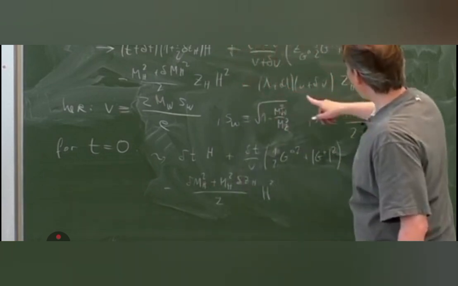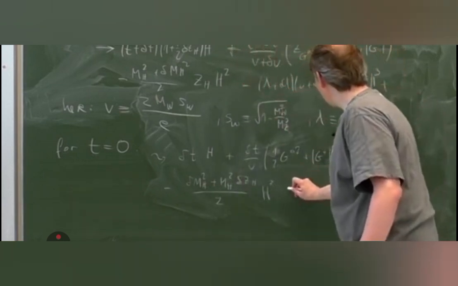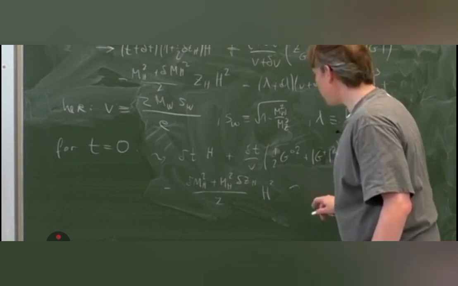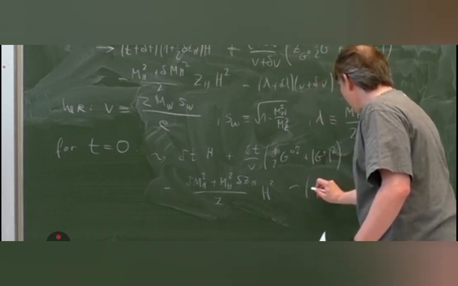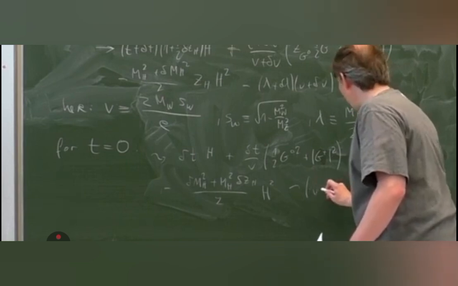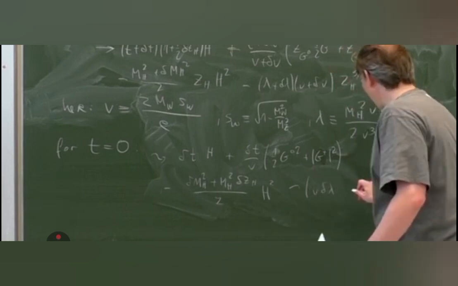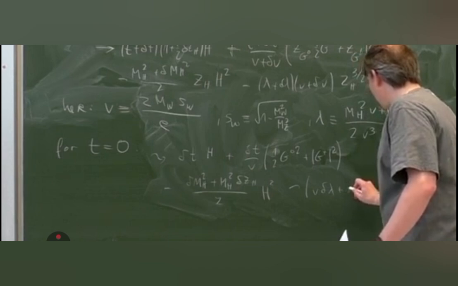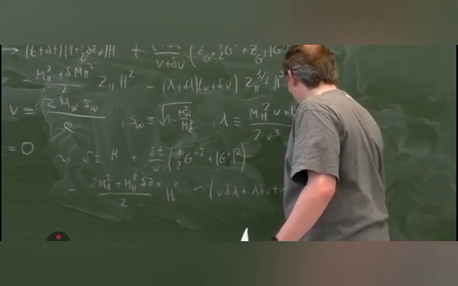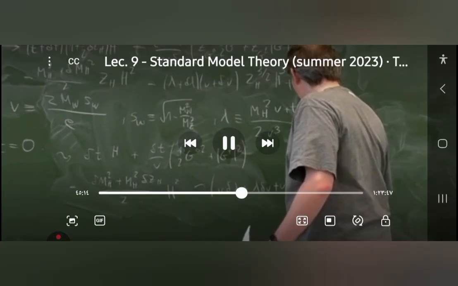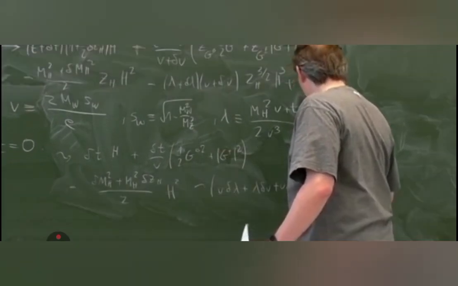And here we would get minus, okay, let's keep the abbreviations, V times delta lambda plus lambda times delta V plus V times lambda times 3 over 2 delta zh times h cube.